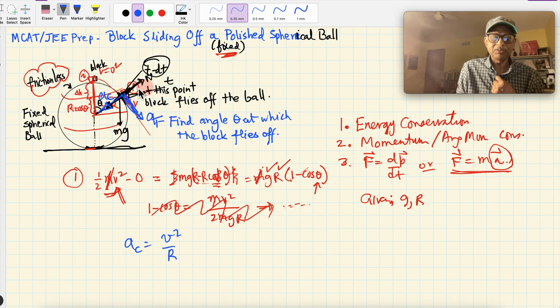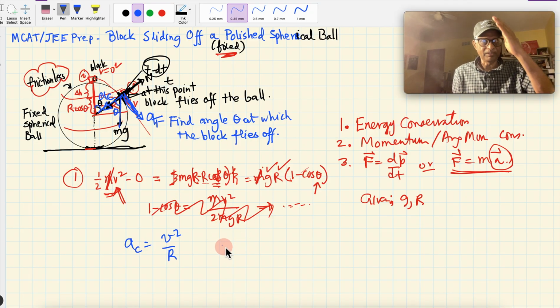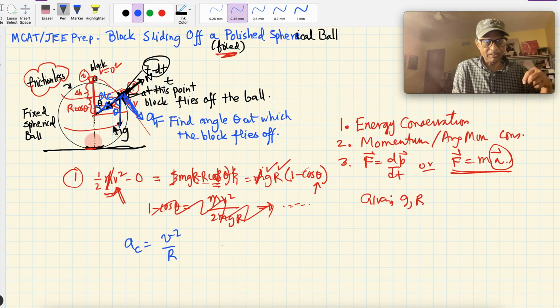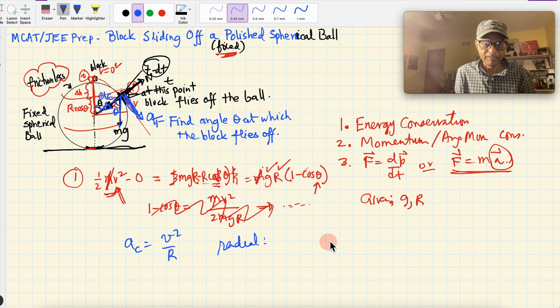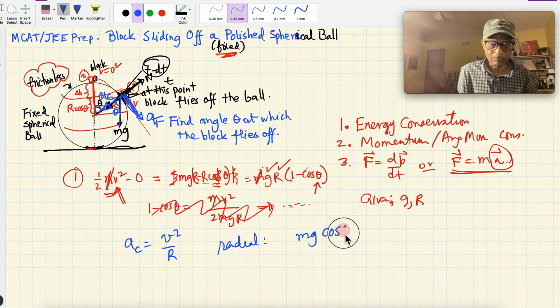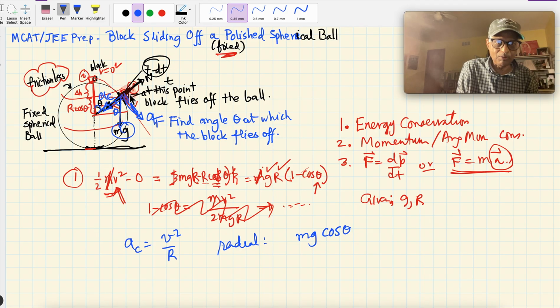Then you can write, if it's mg, this is theta, this theta. So along the radial direction, the equation looks like mg cos theta, that way, this guy's component, and normal will be going normal. The normal varies with theta.